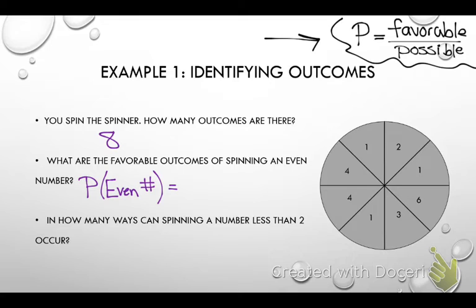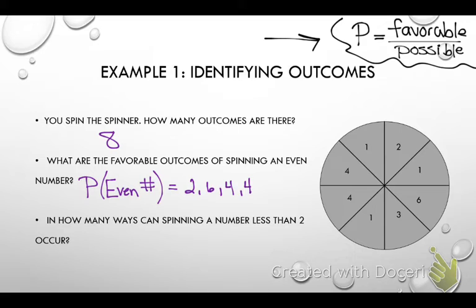So now I go back over to the spinner, and I identify which outcomes would be favorable. All right, so tell me the numbers. 2, 4, 6, I just go clockwise, 4, and 4. Okay, so how many outcomes is that? 4. Okay, so if it said how many favorable outcomes are there, you would say 4.